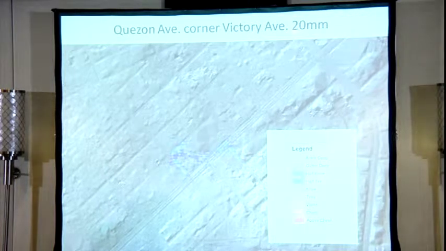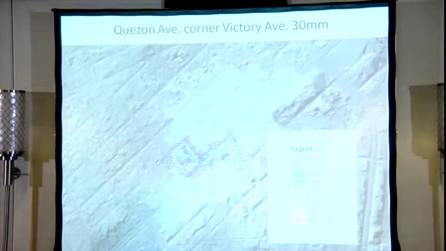So if we have 20 millimeters of rain, we were able to capture that. You will have ankle-deep to gutter-deep floods along that road with just 20 millimeters of rain in 1 hour. Next slide, please. If it's 30 millimeters, that's torrential rain, you will have that amount of flooding there.